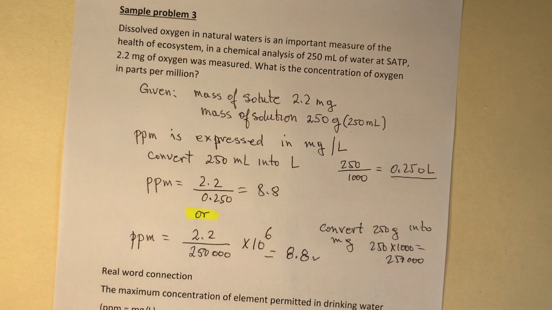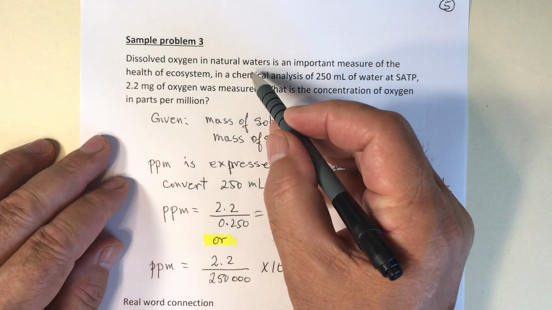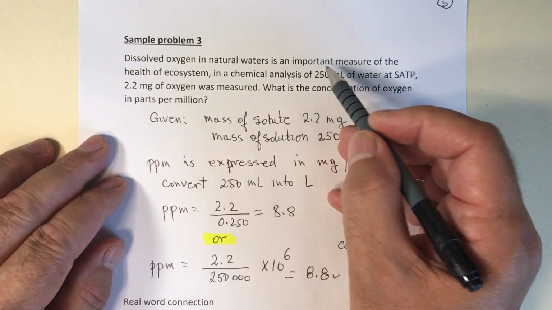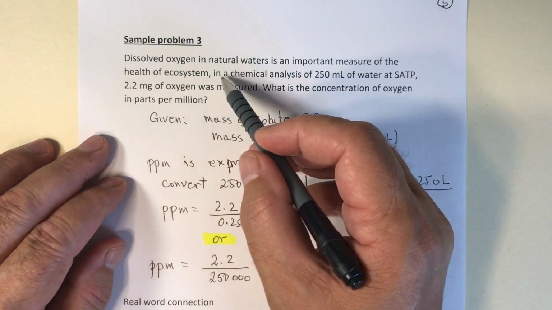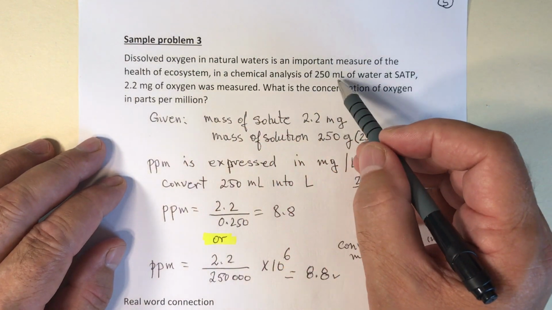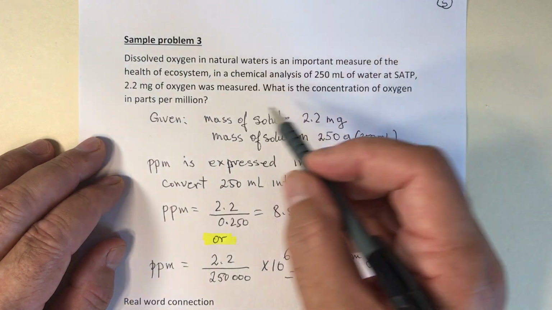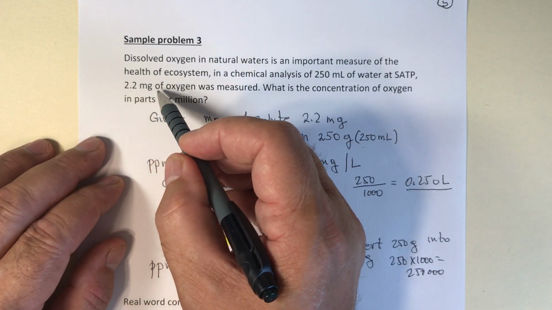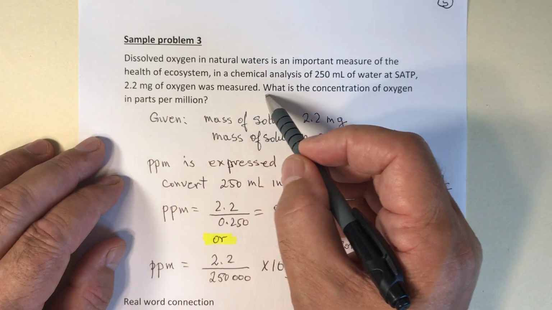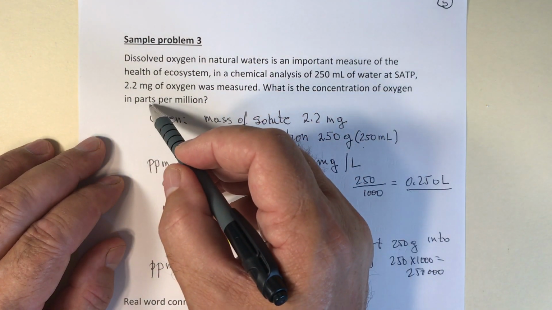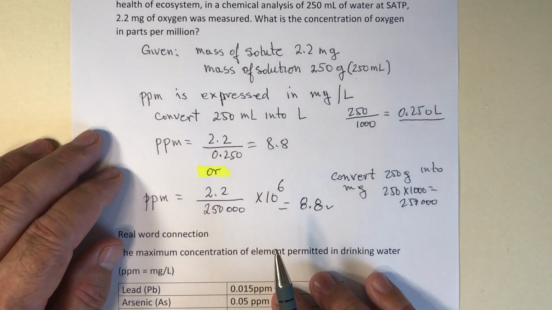Sample problem 3. Dissolved oxygen in natural waters is an important measure of the health of an ecosystem. In a chemical analysis, in 250 milliliters of water at SATP, 2.2 milligrams of oxygen was measured. What is the concentration of oxygen in parts per million?